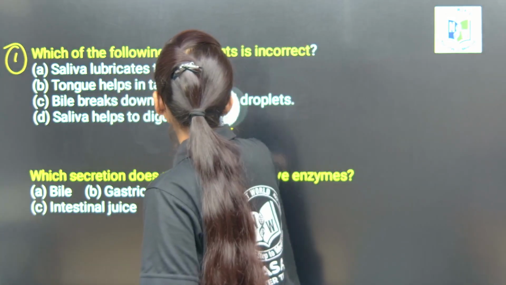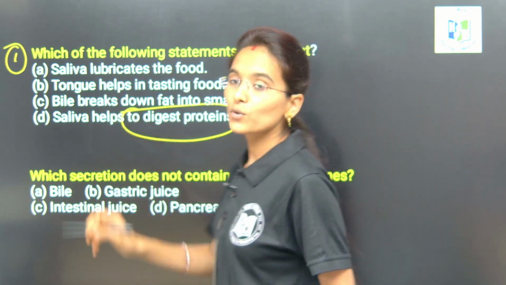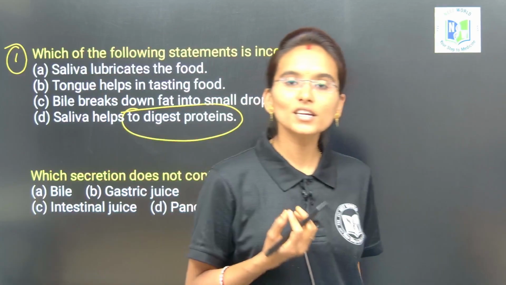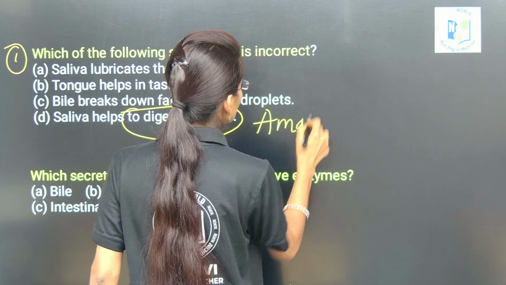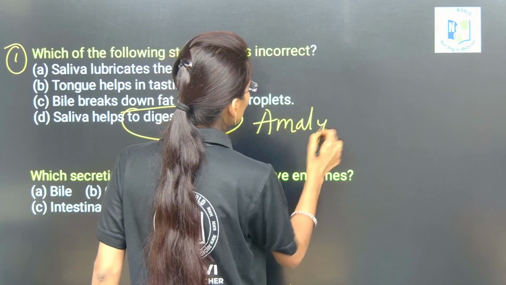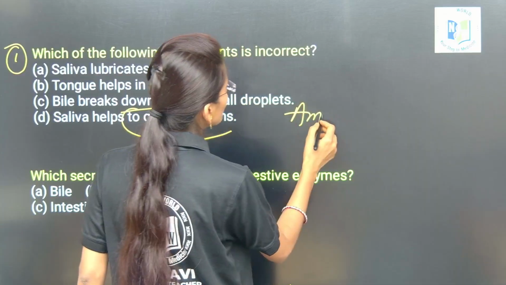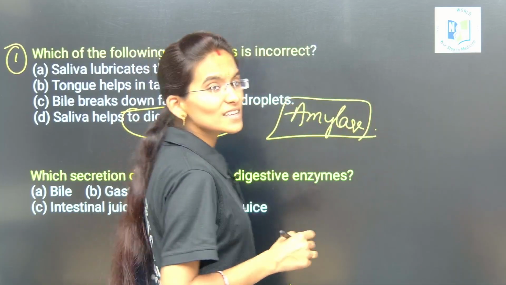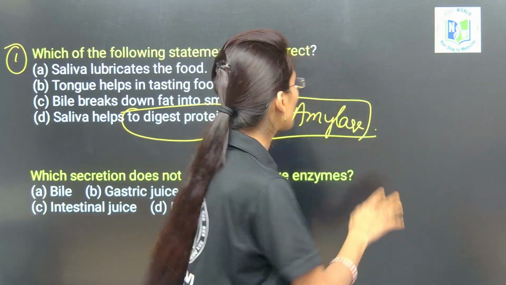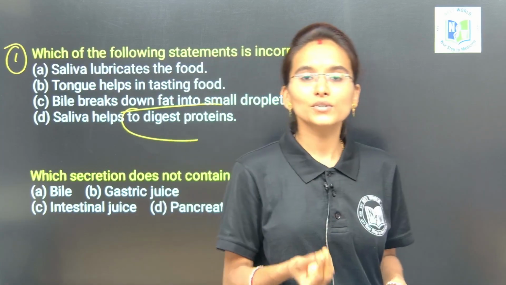Students, look into the last option here: saliva helps to digest the proteins. This is absolutely wrong, because saliva secretes the enzyme called amylase, which acts on carbohydrates and converts them into simple sugars like glucose.